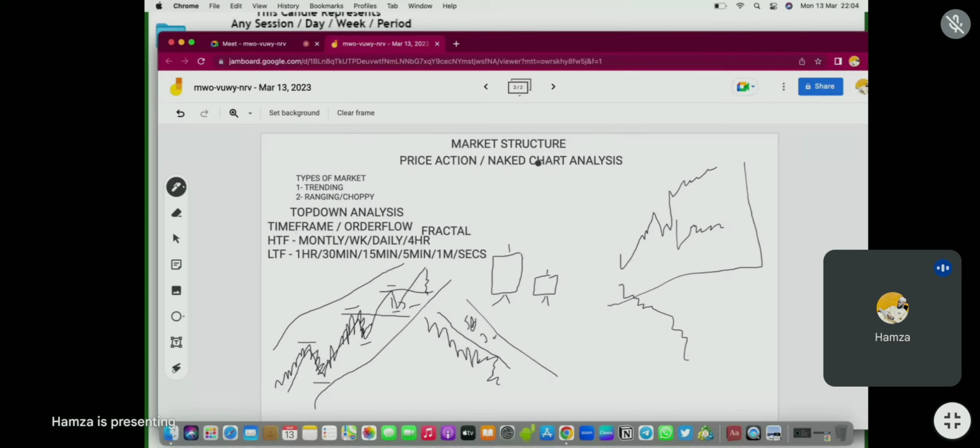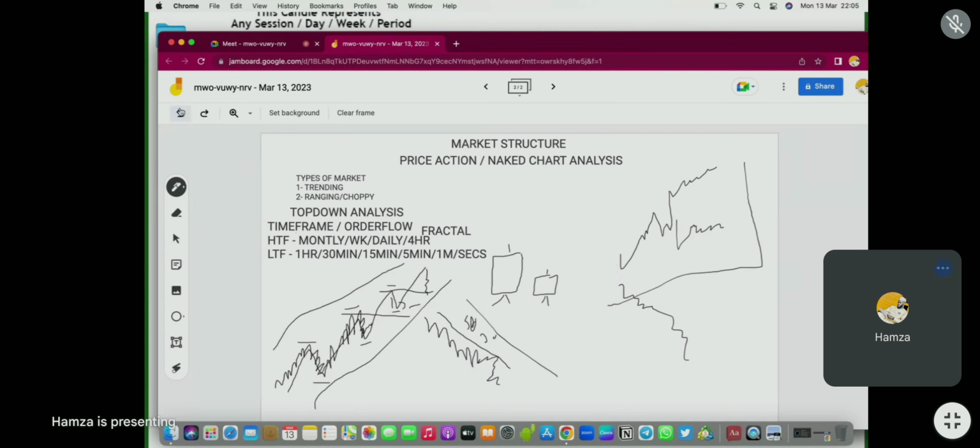Same way, price also has that nature. Rest, eat, work. Rest, eat, work.